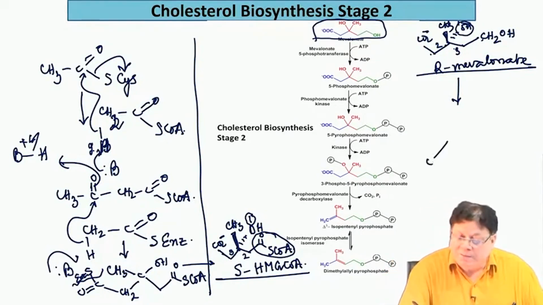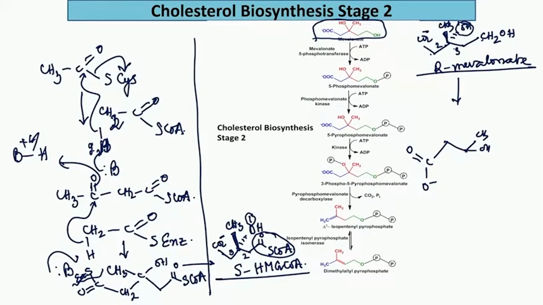So, this is the structure: you have the CH3, OH, and then CH2, OH, and CH2, which will be phosphate now. You have to do phosphorylation because OH is a bad leaving group. So, now this goes here, that goes there, that goes out.